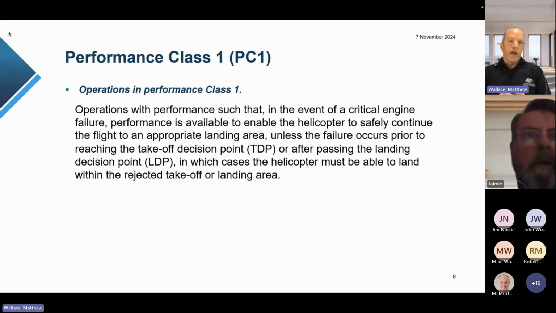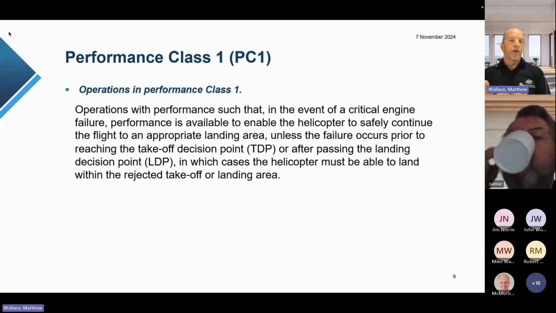So when we talk about performance class 1, if we relate it to the aeroplane side of the house, we're talking about something like a domestic flight. So in this case, performance class 1 is that in the event of a critical engine failure, performance is available to enable the helicopter to safely continue the flight to an appropriate landing area, unless the failure occurs prior to reaching TDP or after passing the LDP, landing decision point, in which case the helicopter must be able to land within the rejected takeoff or landing area.